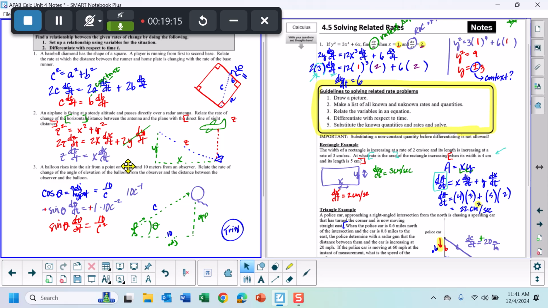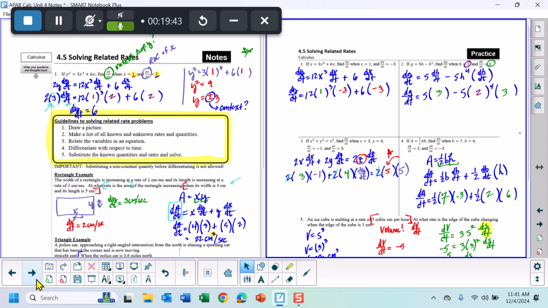So you're allowed to take some liberties there with understanding: as my ladder falls down the wall, my distance is shrinking. As the base moves away from the wall, that distance is increasing. So understanding what's happening to your shape in a positive or a negative sense, paying attention to growing or shrinking, is important for the sign, positive or negative, of your rate.